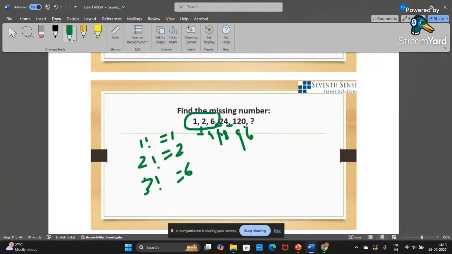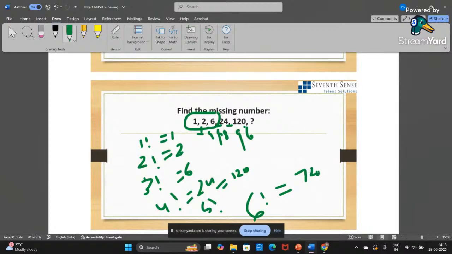Now we'll check the other 2. 4 factorial is 24. Yes. 5 factorial is 120. So what is 6 factorial? 120 into 6, it is 720.